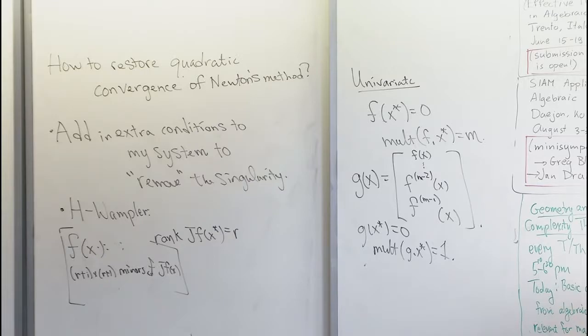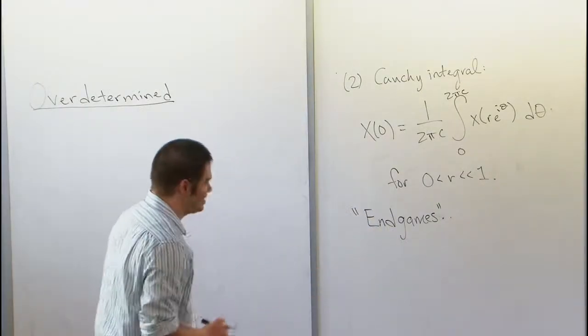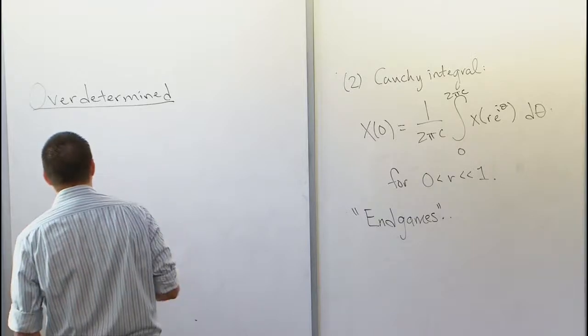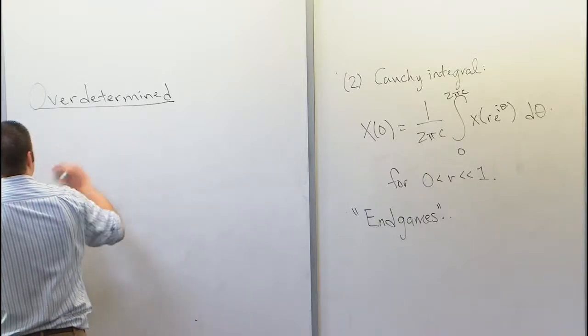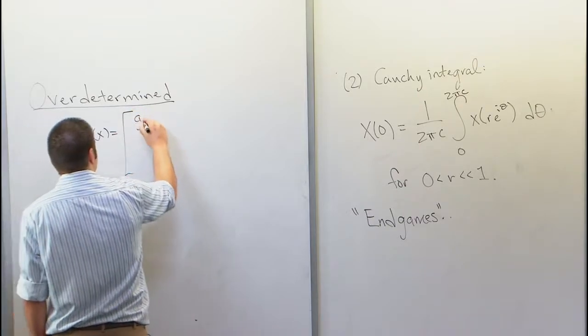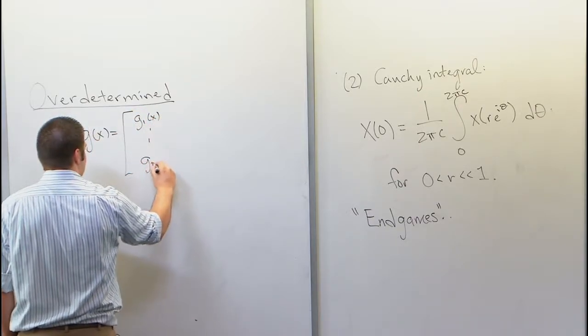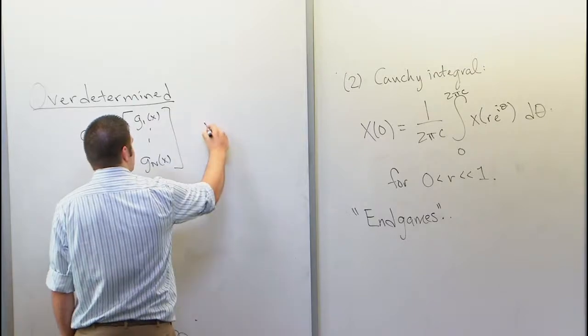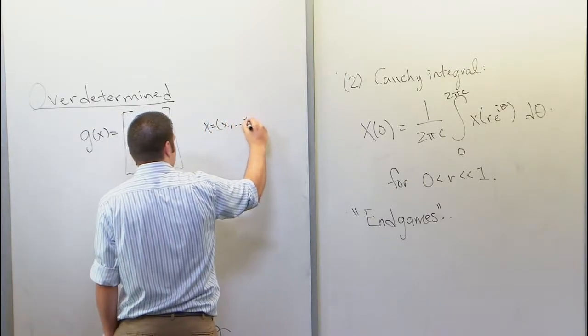So singular things naturally lead to overdetermined conditions because there are extra minors that vanish. So there are extra conditions that vanish there. How to handle overdetermined systems. Okay, so start with your polynomial system g, g1 through gn, and x is x1 through xn.